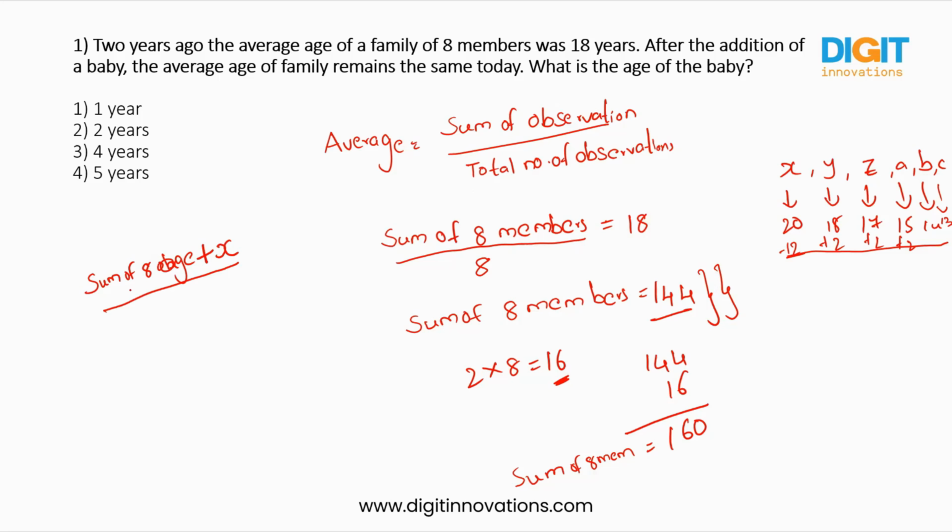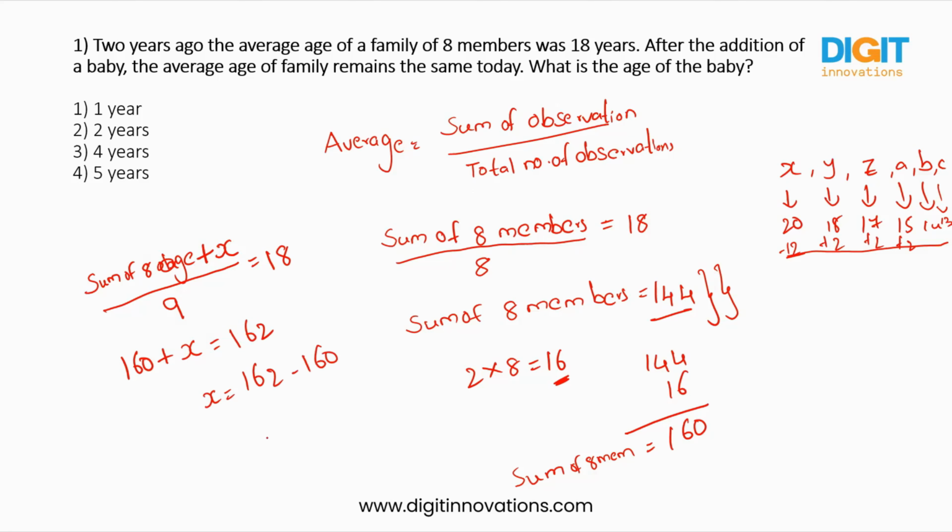Here 8 people are there and the baby got added, that means total 9. 9 equals, and the average is the same, that means 18 only. We already know the sum of ages of the 8 people at present, which is 160, plus the baby's age X, equals 9 into 18, which is 162. So X equals 162 minus 160, which is 2 years.